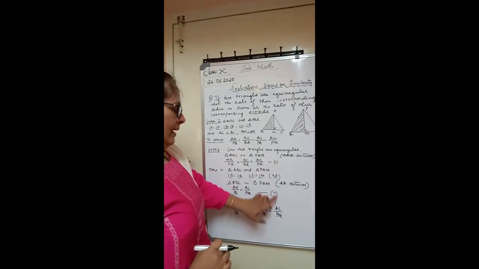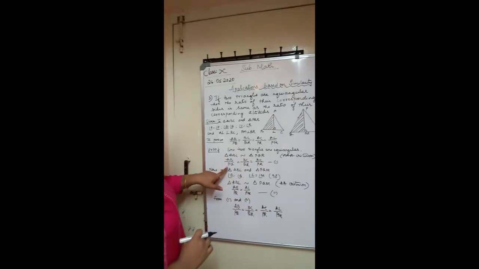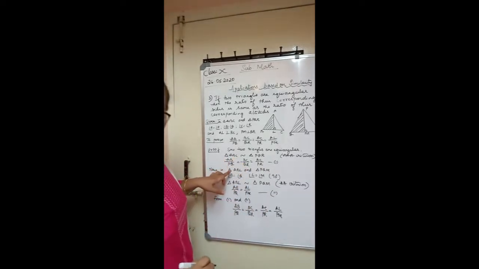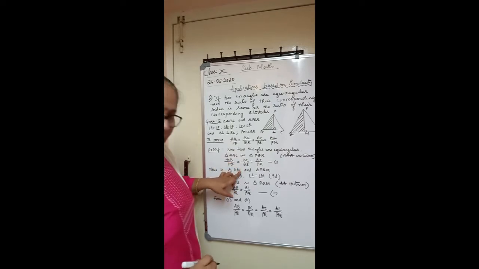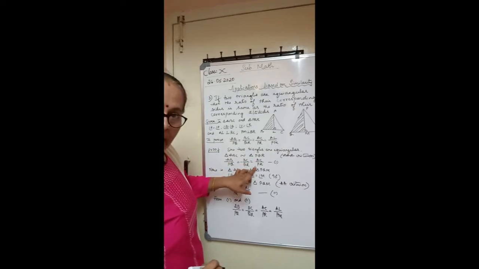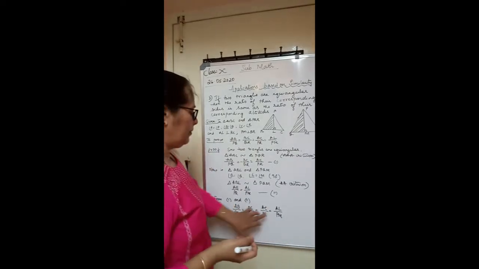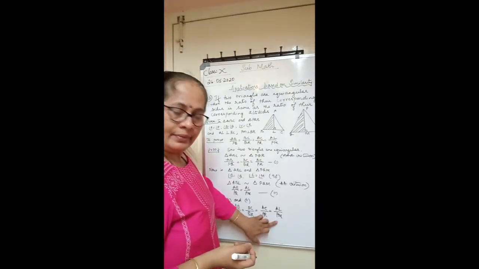Now compare 1 and 2. See here, AB by PQ equals BC by QR equals AC by PR. But we got here AB by PQ is also equal to AL by PM.